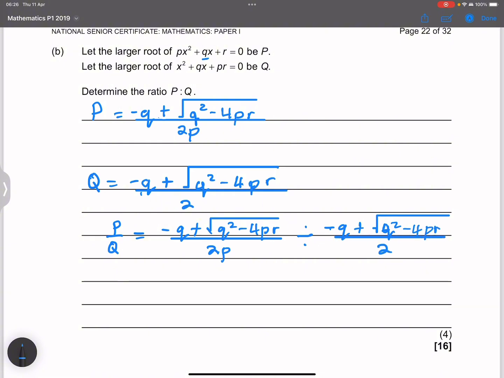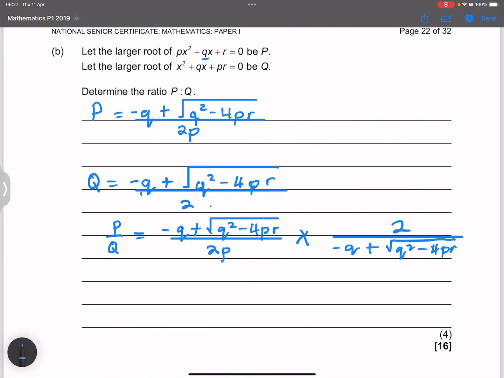Okay, so remember that I can actually change division to multiplication, but I need to invert that entire expression. So this is going to be 2. So I invert that entire expression. That's minus q plus the square root of q squared minus 4pr. Now notice what's going to happen in this expression.